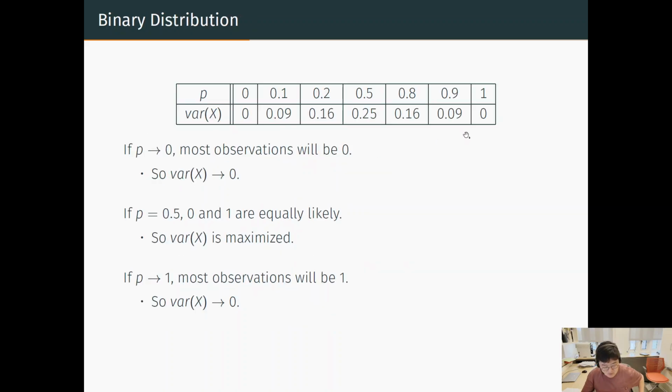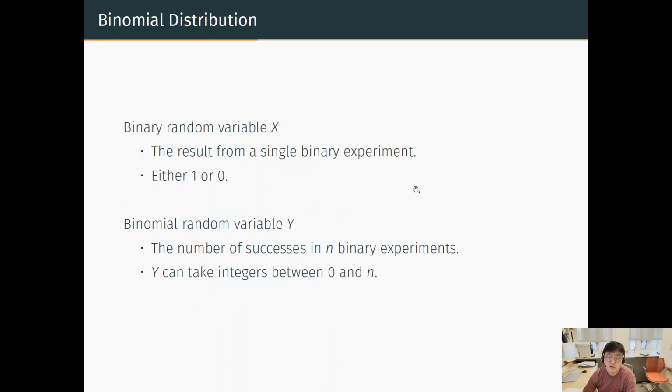Okay, so far was just everything about binary random variable. It was pretty simple, and we are going to extend the binary random variable model to a binomial distribution model, right? So in the binary random variable, we considered only one experiment, 0 or 1, just one question from the online quiz. But what we actually get is a set of 10 questions.